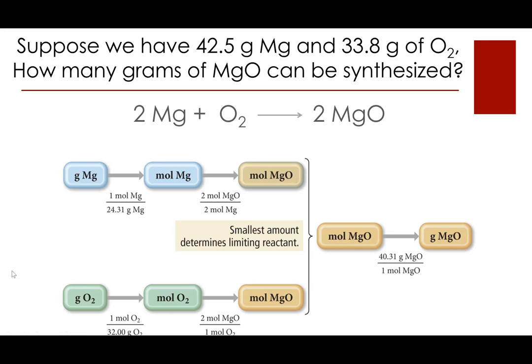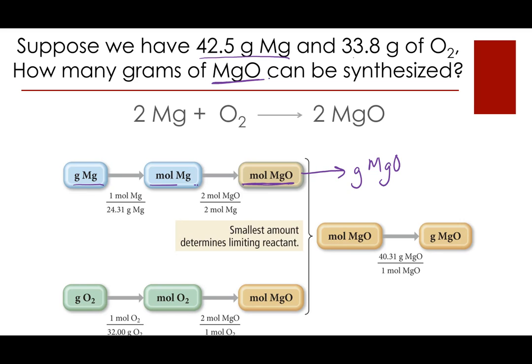Okay, so here's our roadmap for success. So the first thing you're going to do is you're going to start with grams of magnesium, and you're going to take that to grams of magnesium oxide, the product. So grams of magnesium, moles of magnesium, moles of magnesium oxide. And if you wanted to, you could just go ahead and take that all the way to grams of magnesium oxide. Okay.